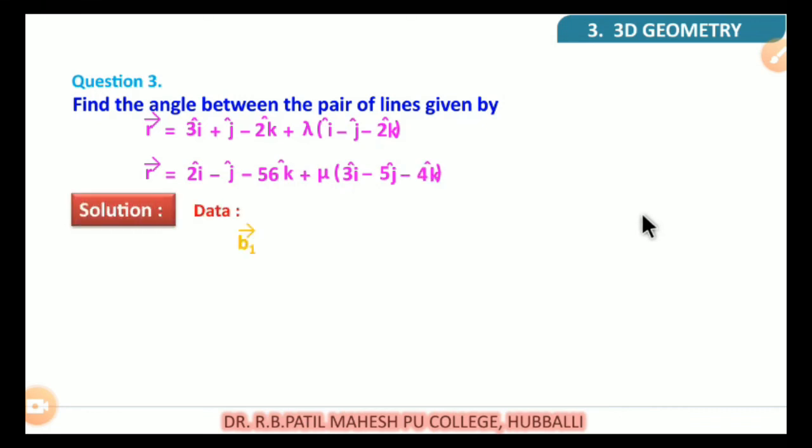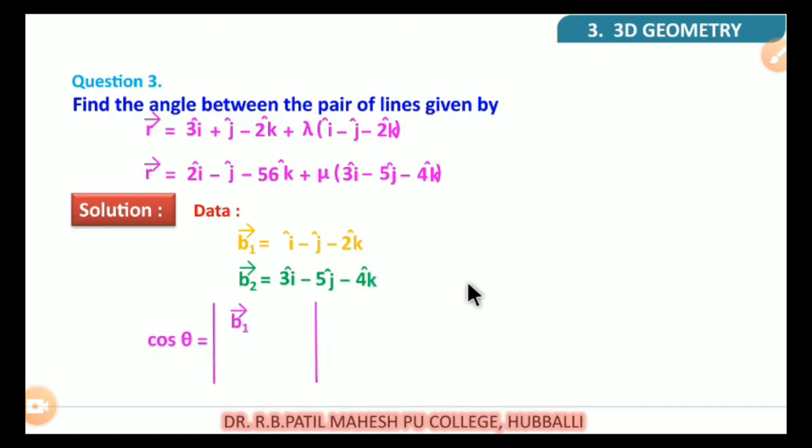Let us take down the data. b1 is equal to i minus j minus 2k. Similarly, b2 is equal to 3i minus 5j minus 4k. Now cos theta is equal to whole modulus of b1 dot b2 divided by magnitude of b1 into magnitude of b2.